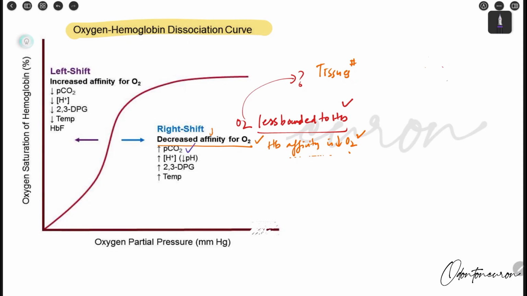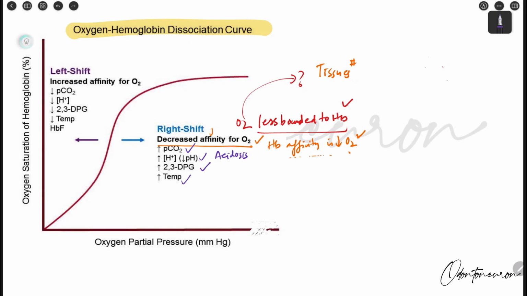When there's increased PCO2, there is increased H plus ion, which means acidosis. The patient will have increased 2,3 DPG and increased temperature. So this is what happens.